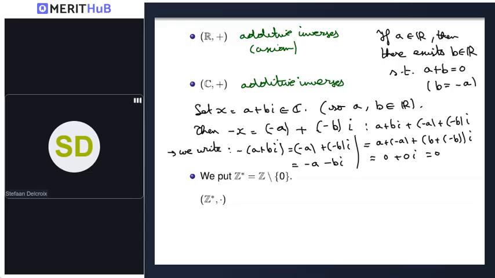Is that an integer? One half is not an integer. So here we have no multiplicative inverses.